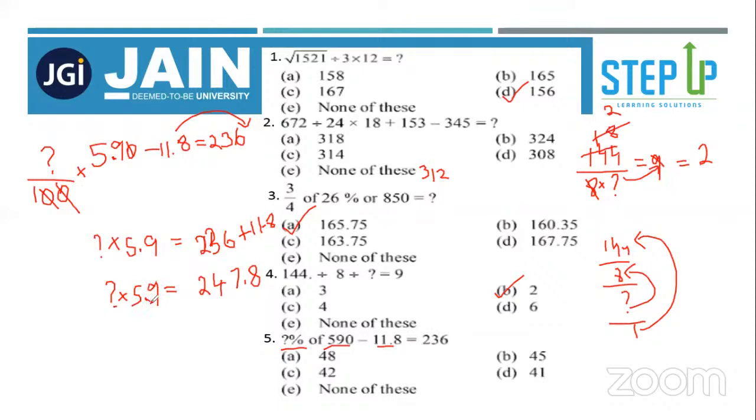So decimal and decimal, one value cancelled. So question mark equals 2478 divided by 59. You're getting 42. Let's find that. What's off 42?